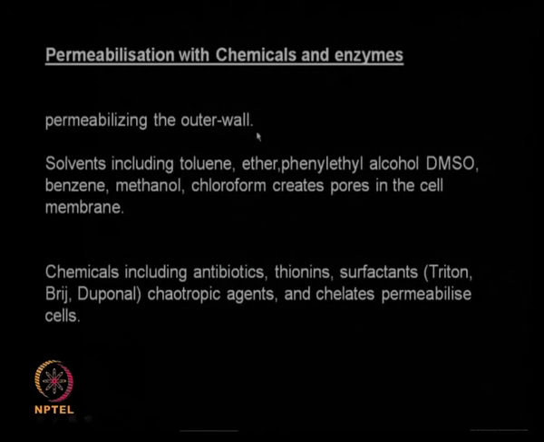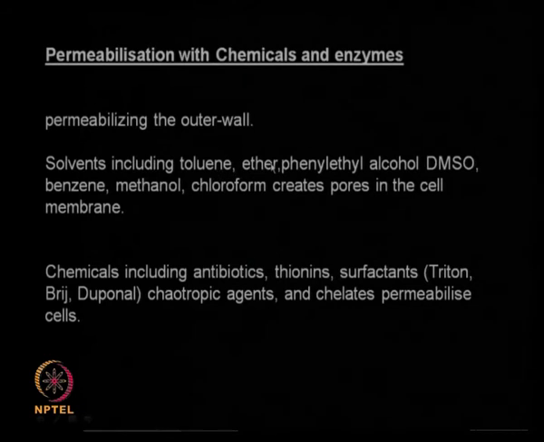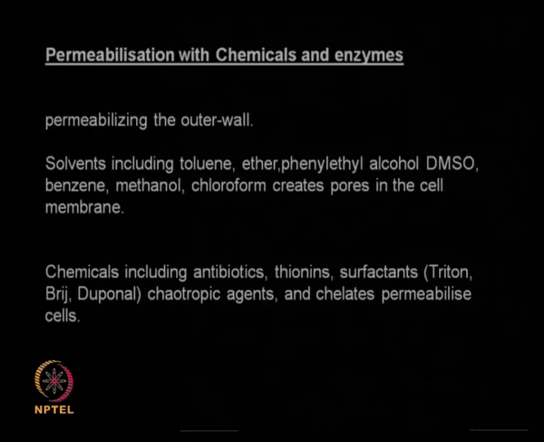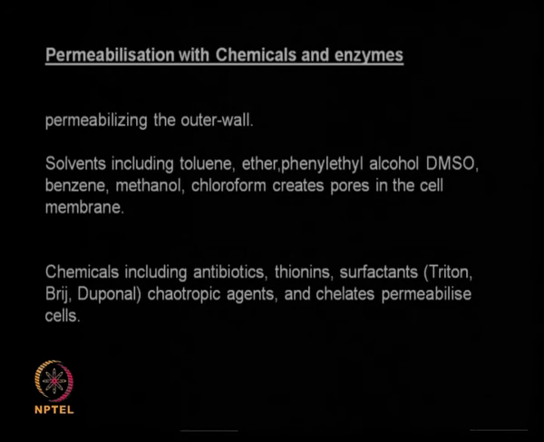Sometimes people use solvents: toluene, ether, phenyl ethyl alcohol, DMSO, benzene, methanol, chloroform. All these solvents can permeabilize or create pores on the cell membrane, and once you create pores, slowly the intracellular material leaks out to the external region.